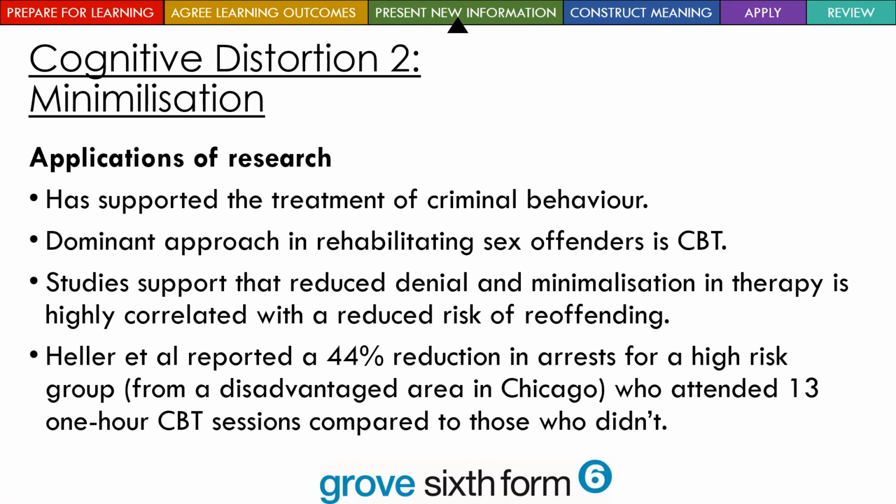Beyond research evidence, we can also look at how this research can be applied in order to improve the way in which individuals are rehabilitated for their crimes. So when we look at the rehabilitation of sex offenders, the most dominant form of therapy that's used is CBT.